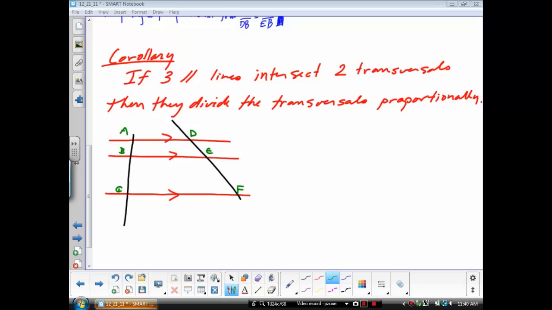So our given here is that AD, BE, and CF are parallel. What we're proving is that AB will be to BC as DE is to EF.